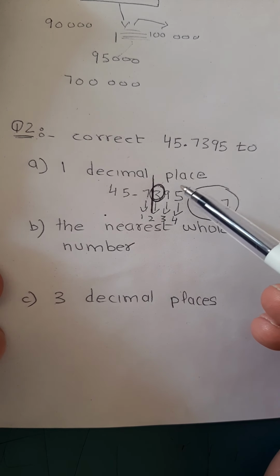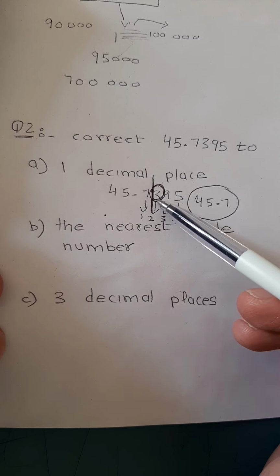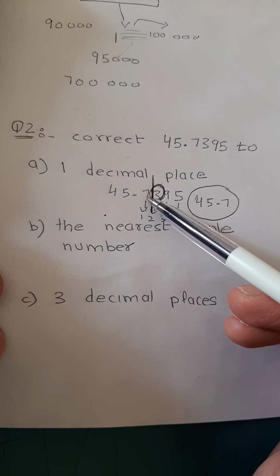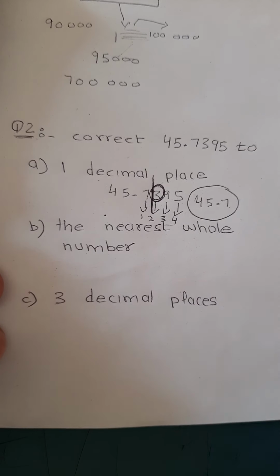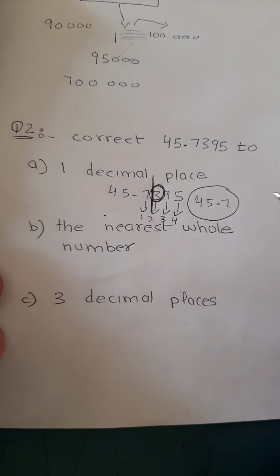However, if the digit which is to be dropped is 5 or more than 5, in that case you are going to increase this 7 by 1, and it will become 8. However, the case here is of less than 5, so I am not changing this number.